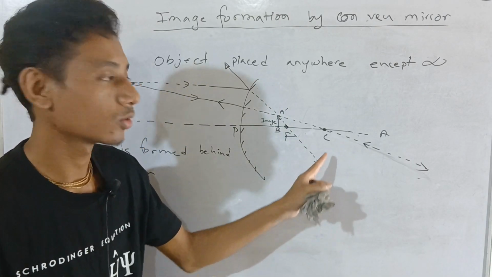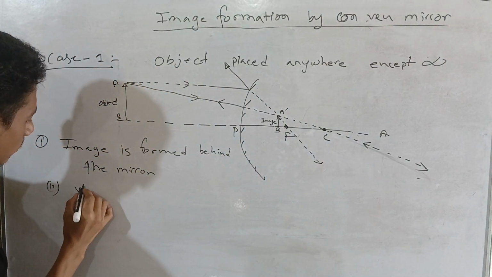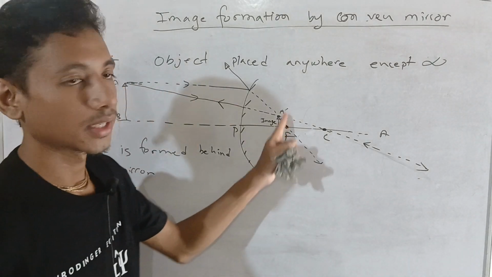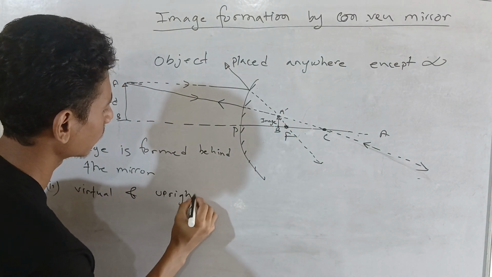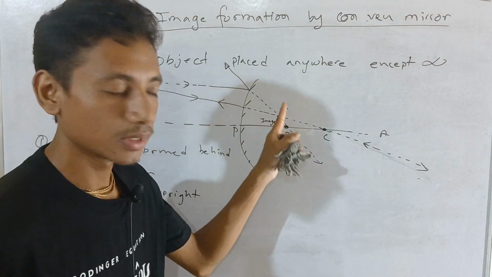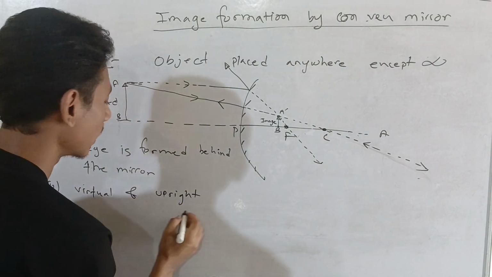These two rays are virtual, so the image is also virtual and upright. The object direction and image direction are both the same, upright, so the image is virtual and upright.